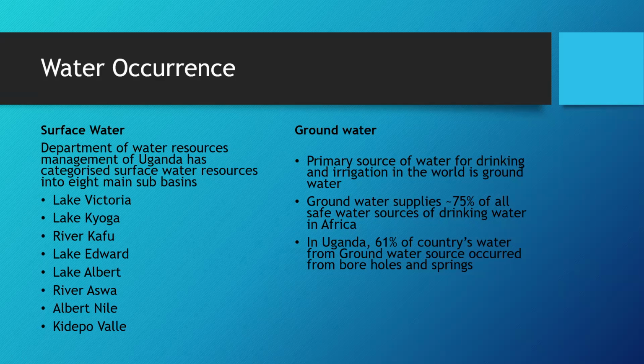Some use it for drinking, irrigation, and supplying other things. Also, 60% of our country's groundwater occurs as boreholes and springs. In areas where there is not much surface water, most people have boreholes, springs, or dig what we call shallow wells. That is also considered groundwater.